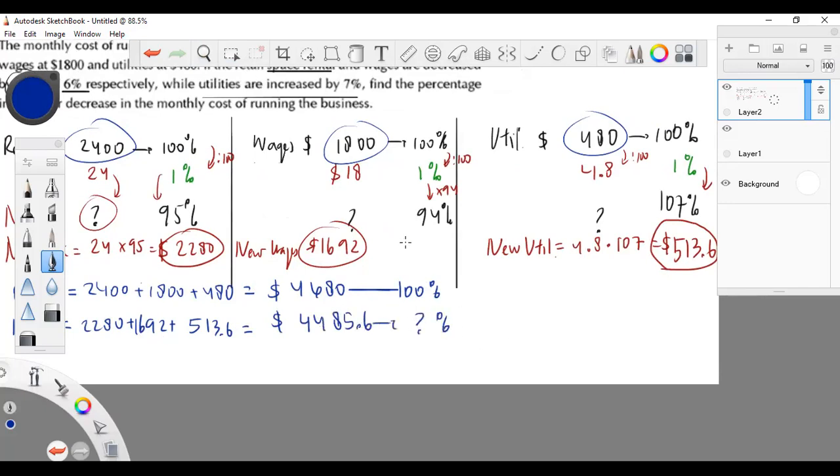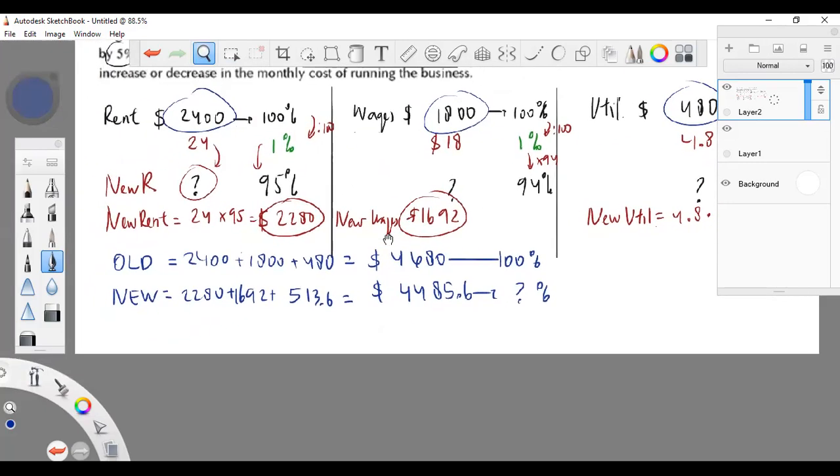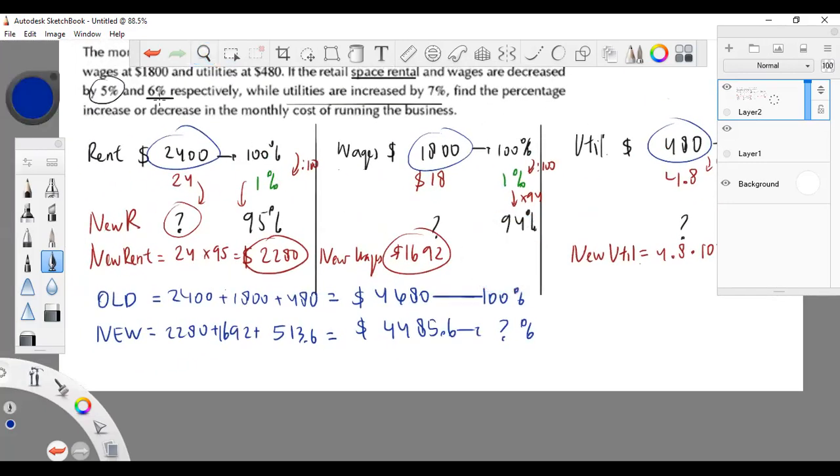The percentage of decrease. So we know that it is decreasing, not increasing. So it decreased by 4680 subtract 4485.6, so it will be $194.4.